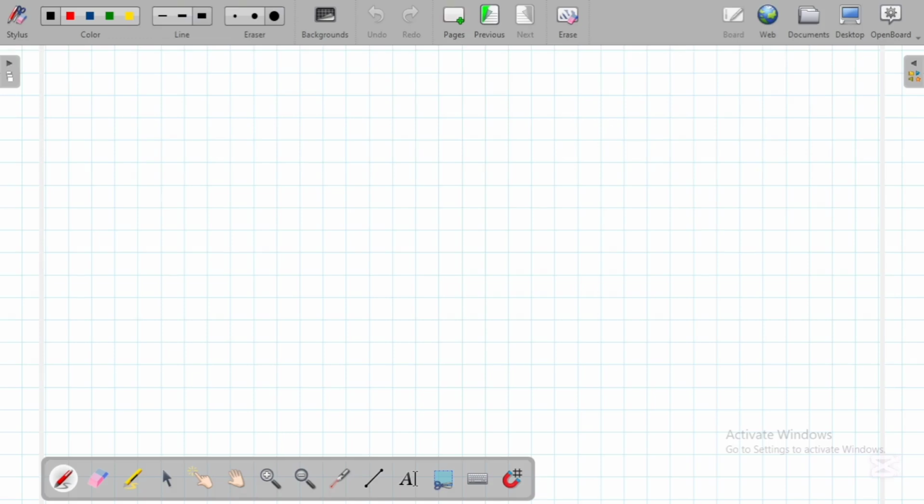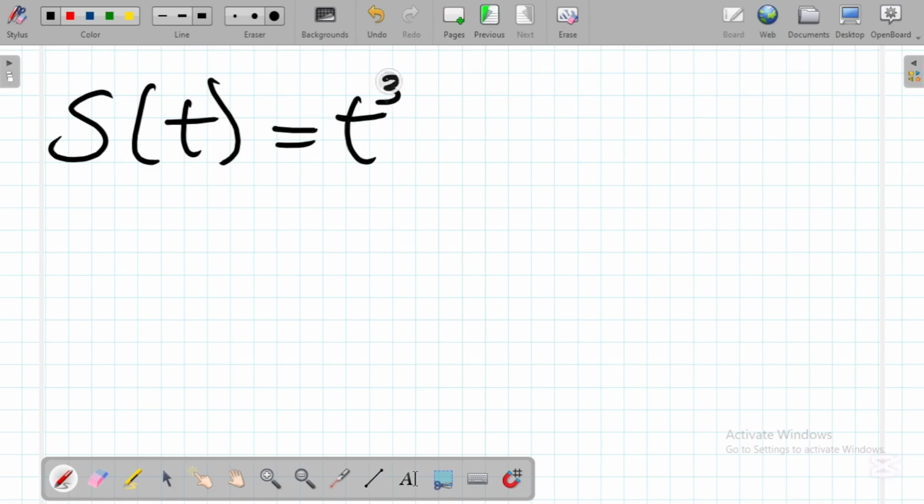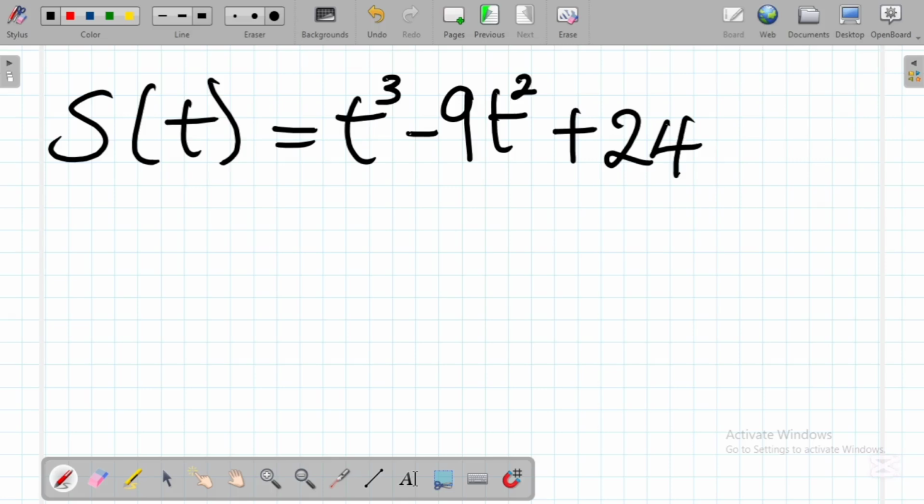Our first task here is to write down the given parameters. So we have s of t equals t raised to power 3 minus 9t raised to power 2 plus 24t then plus 20, where s is known as distance traveled or displacement. Now, in solving this problem, you have to consider the 3 rules I stated earlier.